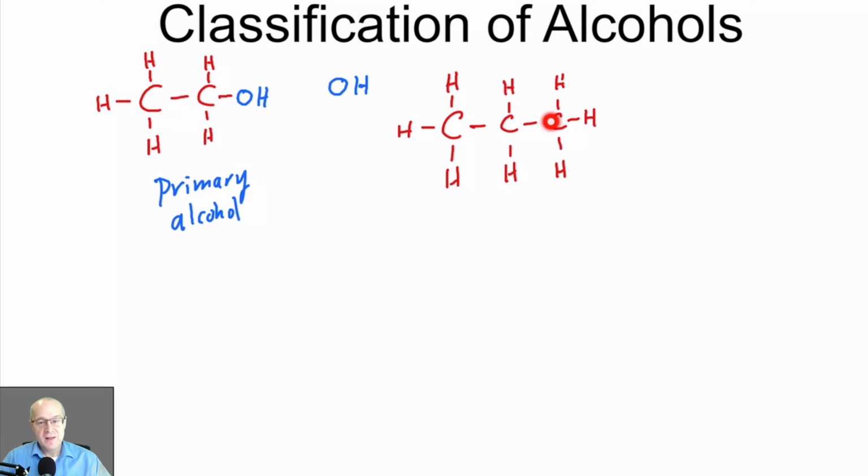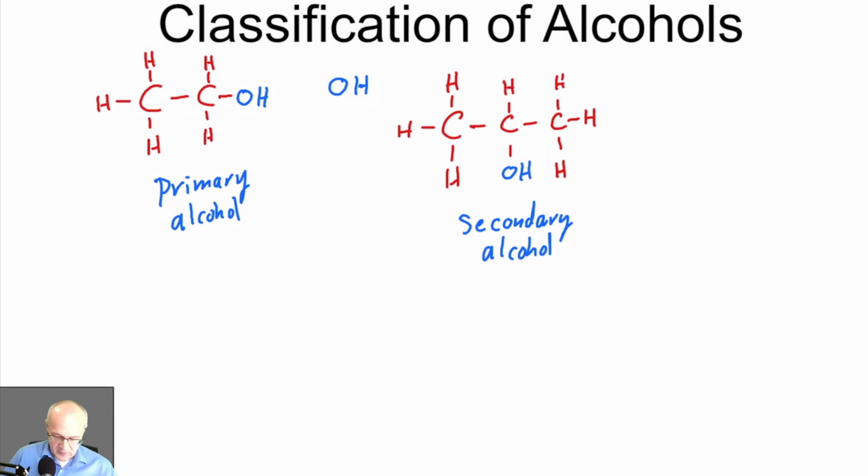You would also say that one is primary. So if I put an OH on here or on here, that'll make a primary alcohol. But I want to make a secondary one. So that carbon is secondary. It has two other carbons attached to it, so it's secondary. So erase one of those hydrogens, just like that, put an OH there, and that's a secondary alcohol.